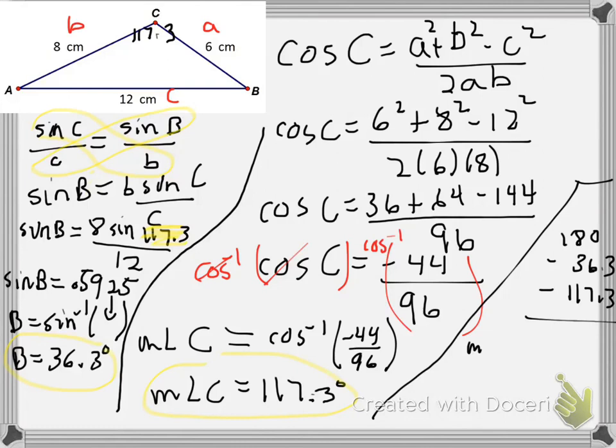I get the measurement of angle A is 26.4 degrees. So there's my third angle, and I said I was going to write them up there, so I'll go write them up there. So we get 26.4 degrees, and I get 36.3 degrees. Don't forget the decimal points there, they don't always show up. And I've done the problem.